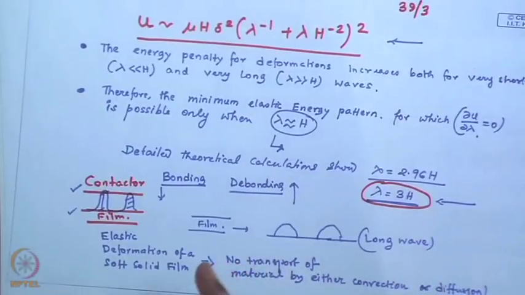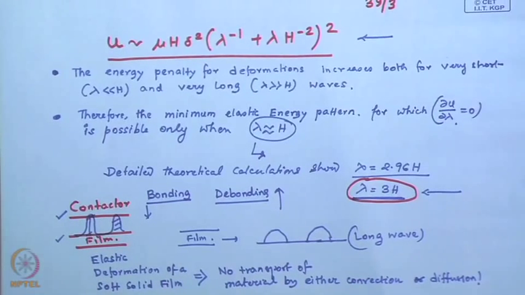So, the moment the contactor is withdrawn, the flexible crosslinks, the bonds present within the polymer matrix, restore the surface of the elastic film back to its original flat morphology.